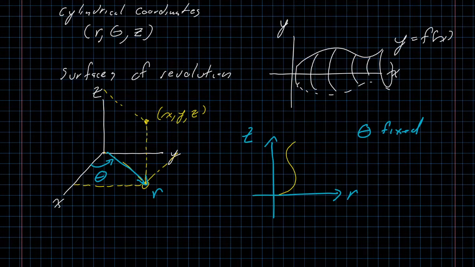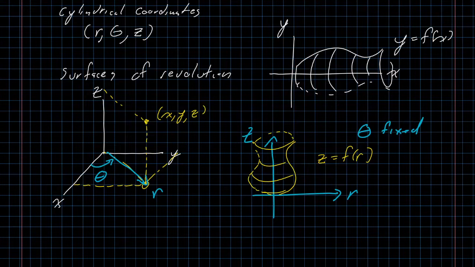We can set up that z is some function of r. And we can create our surface of revolution like that. It absolutely works. It gives us the same kind of a curve that we saw before.